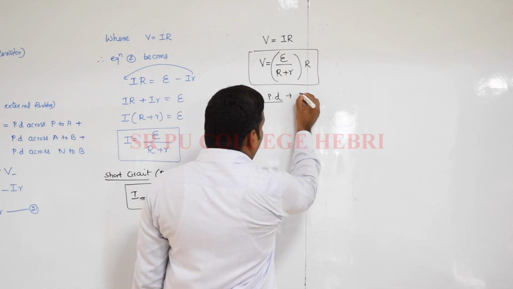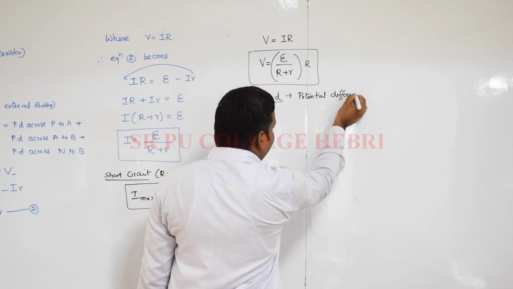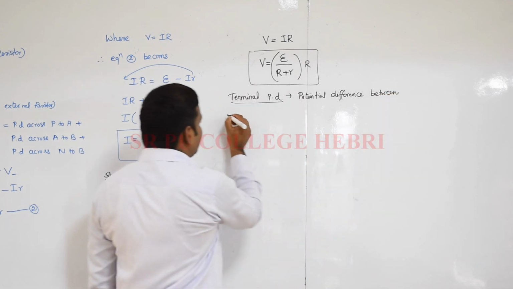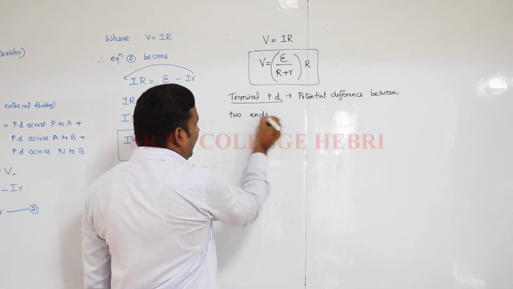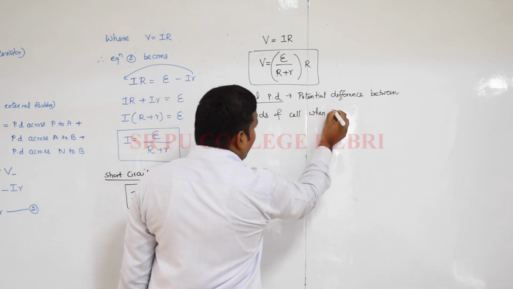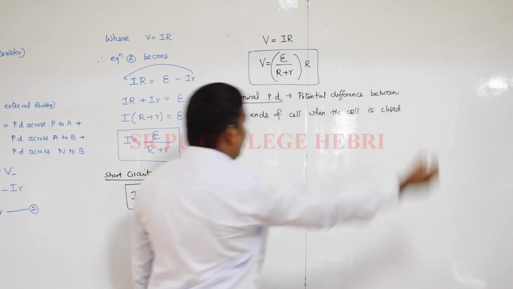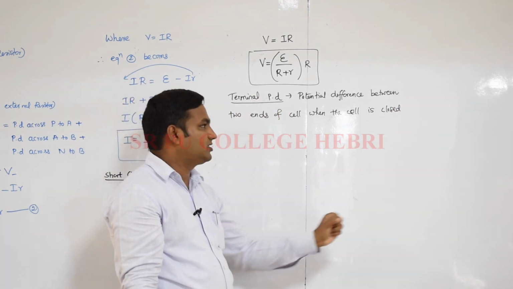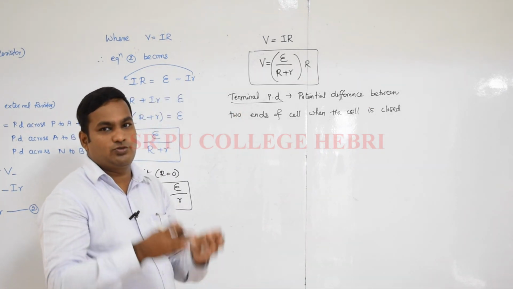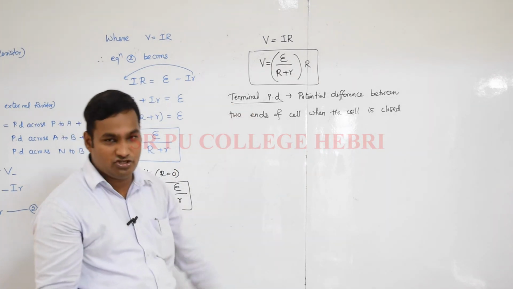Terminal PD is the potential difference between two ends of the cell when the cell is closed. Keep this point in your mind. For a closed circuit, the potential difference between two ends of the cell, or electrodes or terminals, is called terminal potential difference.